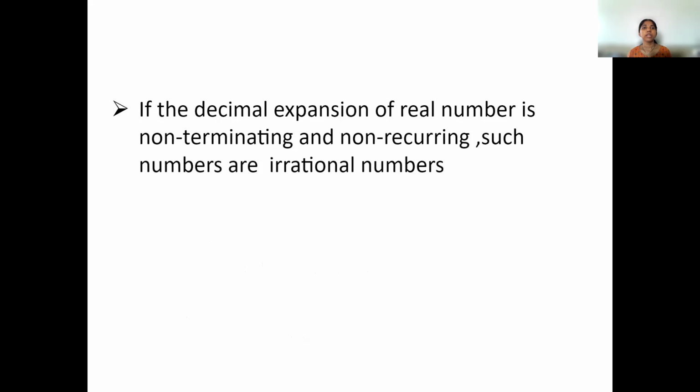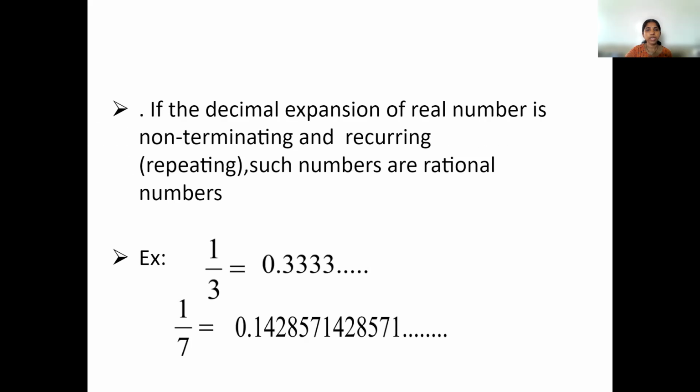The next one: if the decimal expansion of a real number is non-terminating and non-recurring, such numbers are irrational numbers. It means you do the decimal expansion of a number, but it is not ending somewhere, and it is not repeating either. In the previous examples, see here 1 by 7 is 0.142857, again 142857. It will continue when you divide 1 by 7.